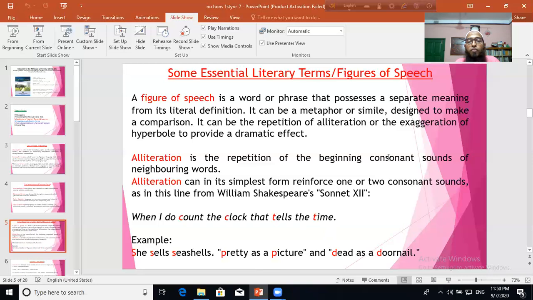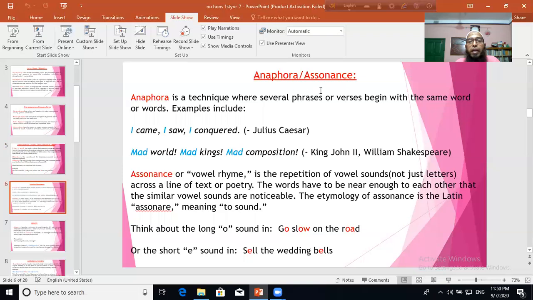So the repetition of consonant sounds in neighboring, closely related words is called alliteration. This literary term, a figure of speech, is used by poets and writers to make it rhythmic or give a musical tune.